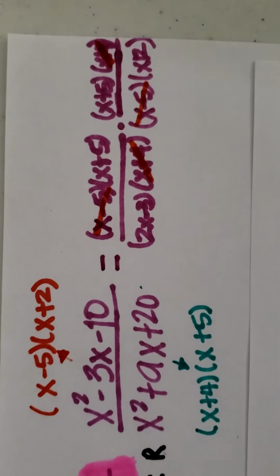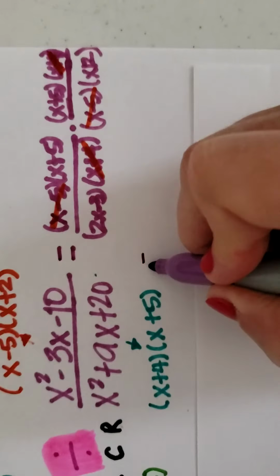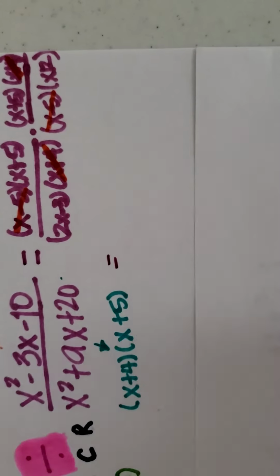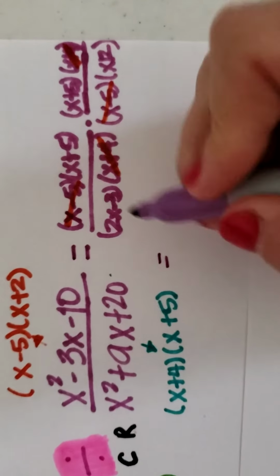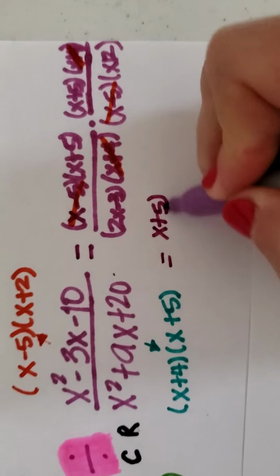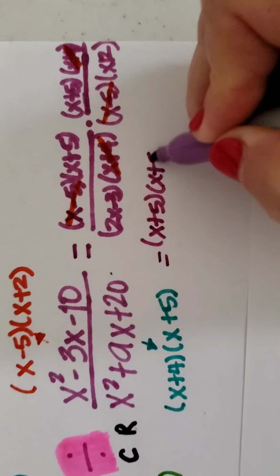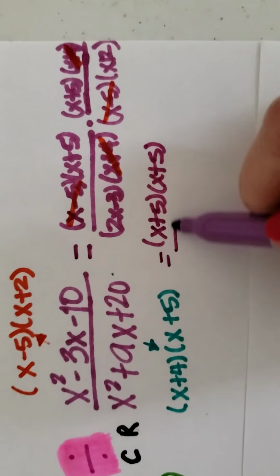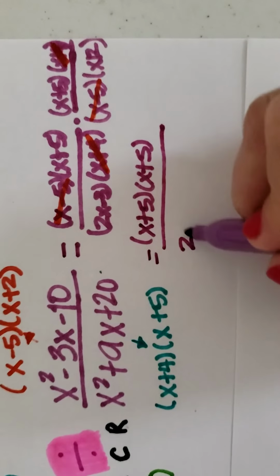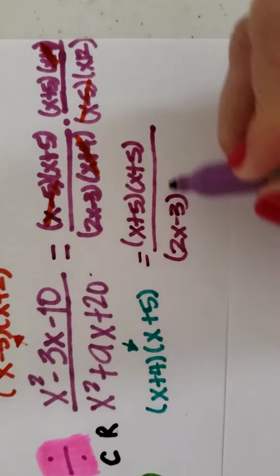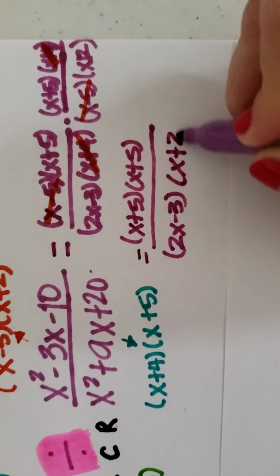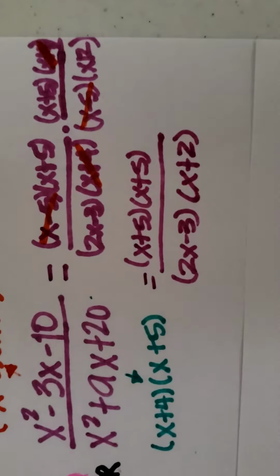Okay, so let's take a look at what we've got left. All right, there's still a good deal of things that are here. So starting right here, there's an x plus 5, x plus 5, okay? And that's going to be over our 2x minus 3 and our x plus 2, all right?